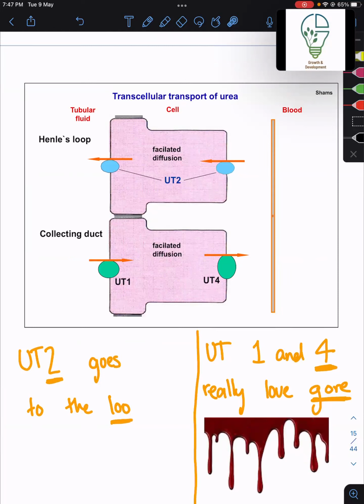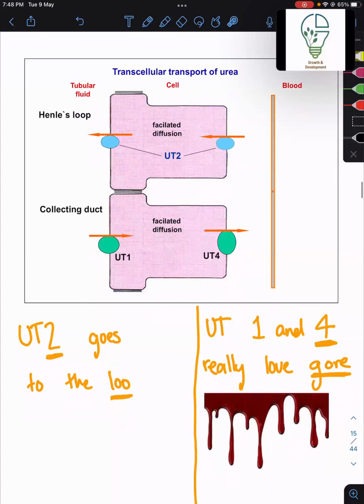Loo is the British way of saying bathroom. What that will help me remember is that UT2 is part of secretion. UT2 is responsible for moving the urea from my blood into my urine, or in other words, into my tubular fluid. So that's how I would remember that one.